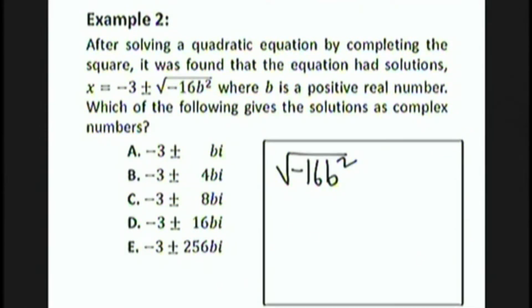So the square root of 16 is 4. The square root of b squared is b, because b is positive. And the square root of -1 can be changed into i. So we get 4bi. So the answer to the question is actually -3 plus or minus 4bi, which is choice B.